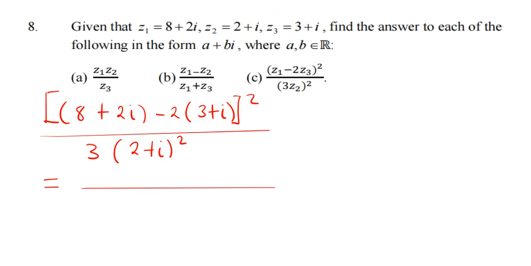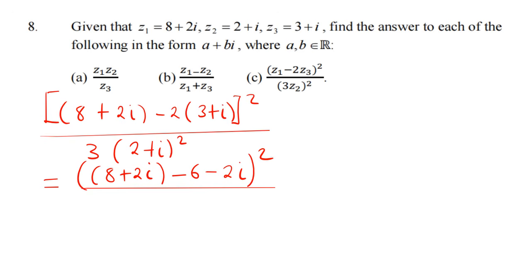So here let's first distribute this part. We're going to have 8 plus 2i, then minus 6 minus 2i. That is what we have. I'm not going to forget the negative outside.